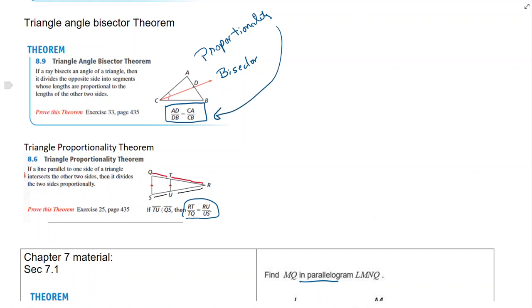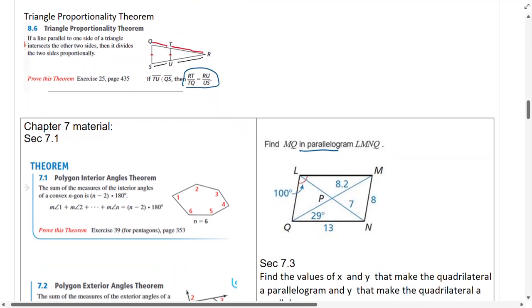In other words, AD in relationship to BD as a proportion is equal to CA to CB. So these two can then figure out what's missing in that triangle. It's a good little theorem.